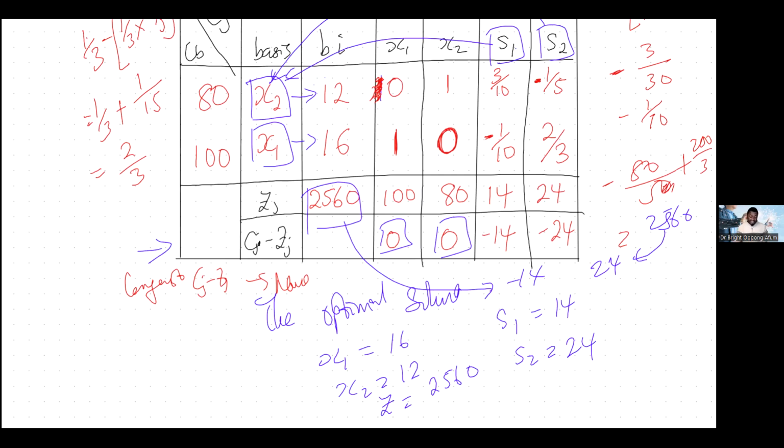Then you determine the leaving basic variable, which is the pivot row. Then you compute the new tableau row values and check whether the solution is optimal by checking the Cj minus Zj.